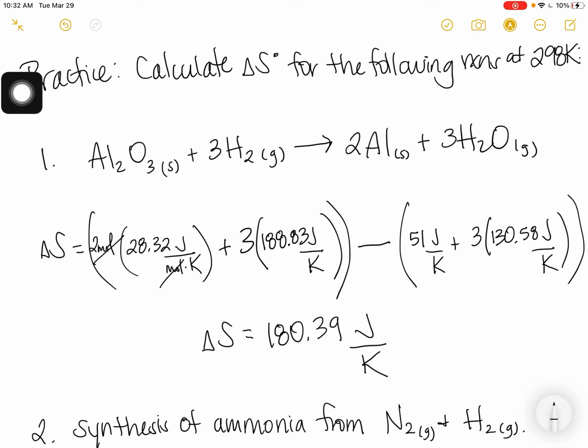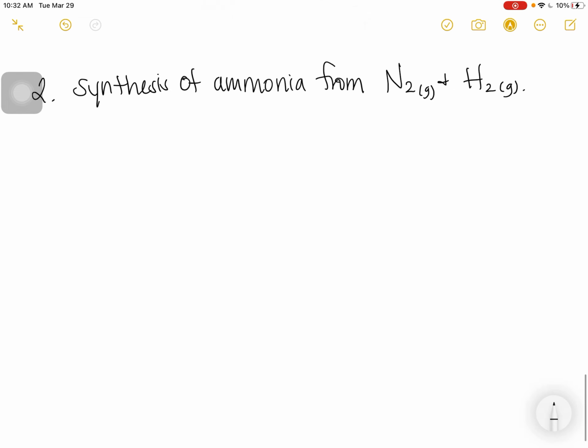This would have been a hard one to predict qualitatively, meaning just a sign. So with my values here, I'm able to not predict, but to calculate the entropy. The entropy comes out to be positive, which means it's increasing in disorder. That one would have been hard to predict just as a sign without this math.